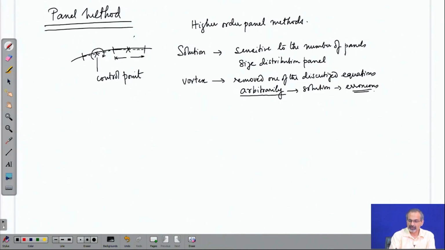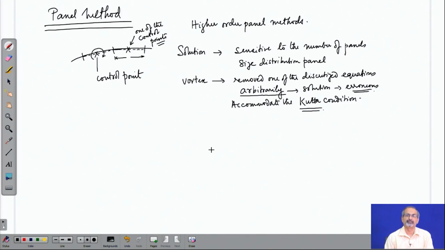So, for one of the control points, we had removed the equation in order to accommodate the Kutta condition. Otherwise, the difficulty was that the system was overdetermined. So, in order to accommodate the Kutta condition, we were removing one equation, and that was bringing in the arbitrariness and also could produce errors.